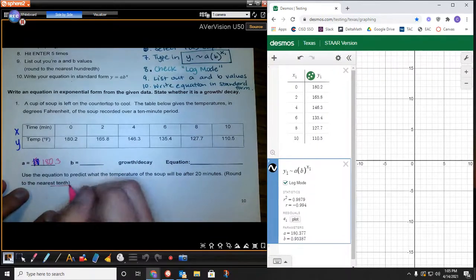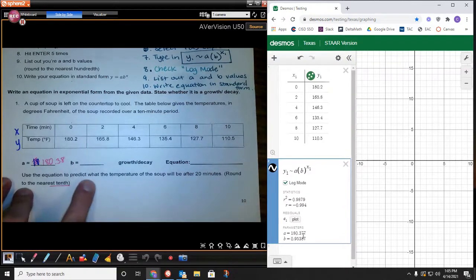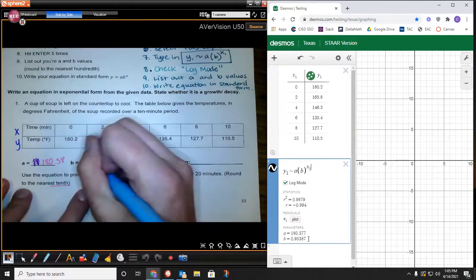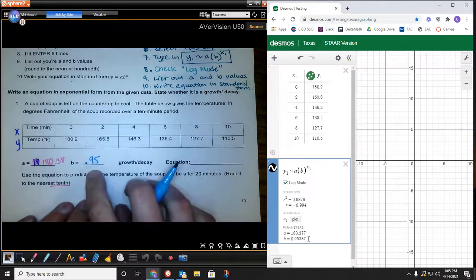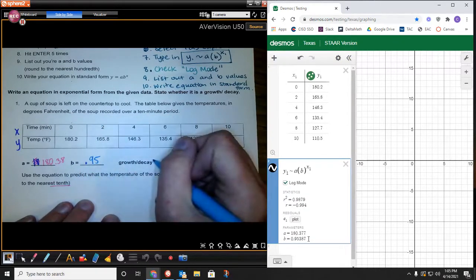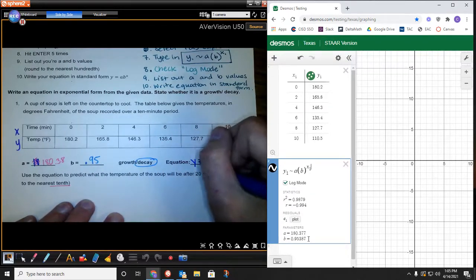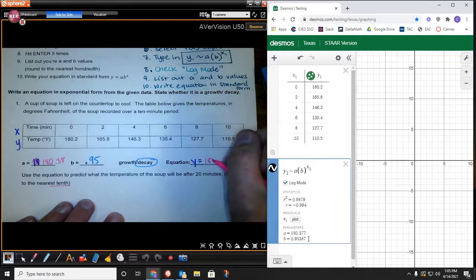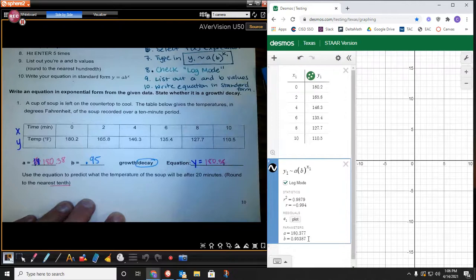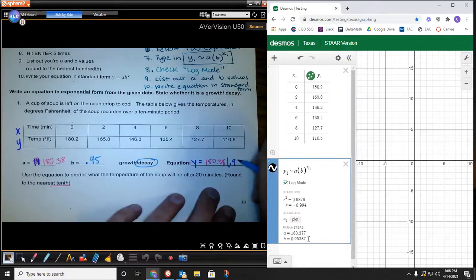Round to the nearest tenth. So I'm going to go ahead and do 180.38 instead of 377. And then my b value was 0.953, so I'm just going to say 0.95. And it's less than 1, so that would be decay. And so the equation that I would write would be y is equal to 180.38 times 0.95, and then we raise that to the x power.